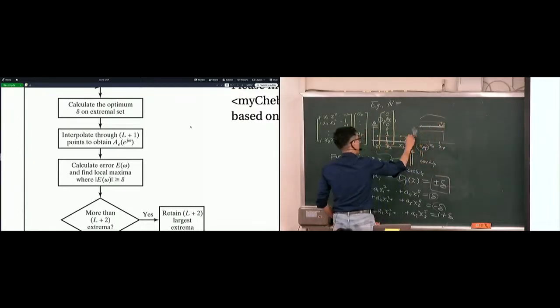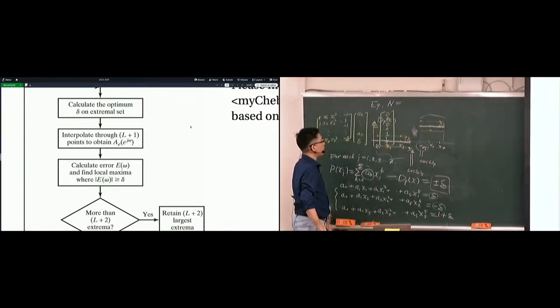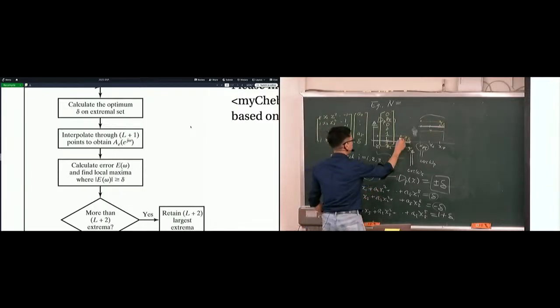So now the resulting polynomial, 1, 2, 3, 4, 5, 6, 7. But when you fit the polynomial, wait, is this even possible? Yeah. But when you fit the polynomial, you find that the actual extremum may be elsewhere.